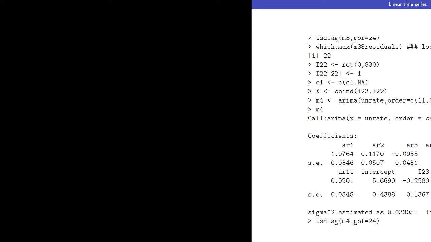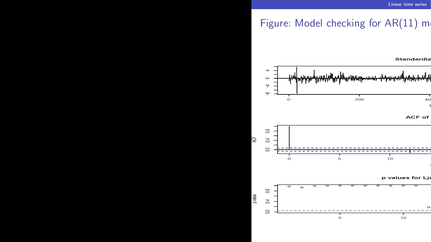It's getting lower and lower with each step. So we can see the outlier here. If you go to autocorrelation functions, this is what you get, and these are p-values for your Box statistic.